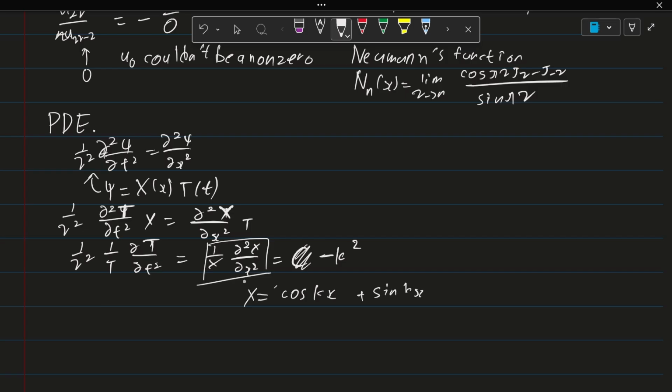And then the T could be solved again. T would become C sine vkt plus D cosine vkt.